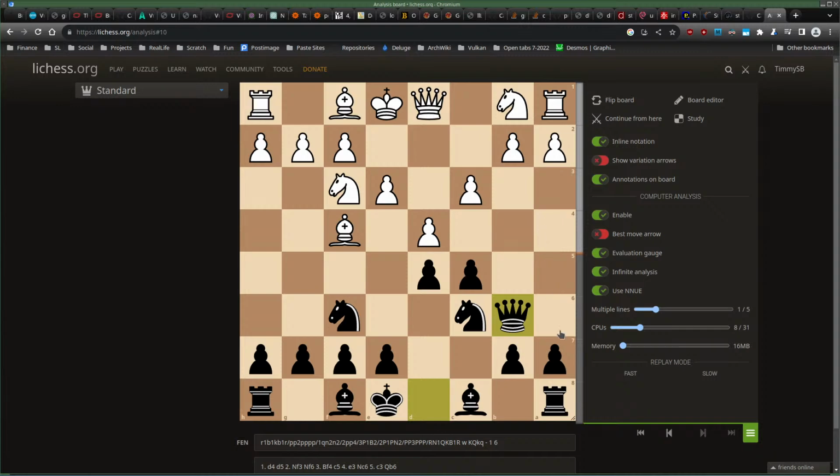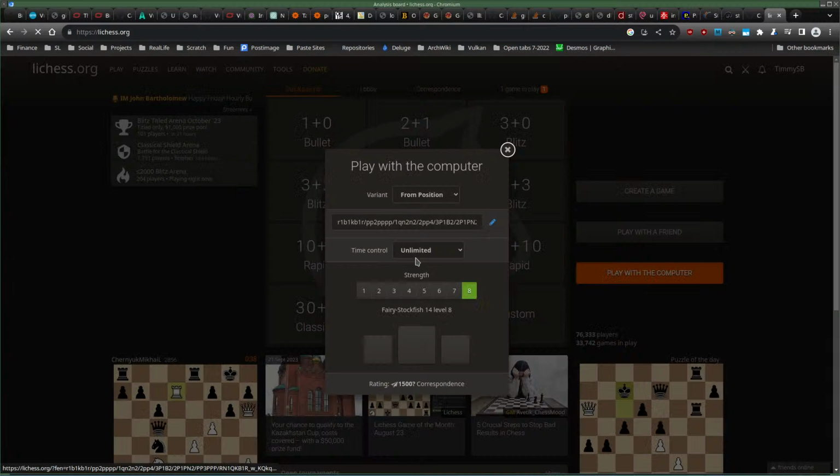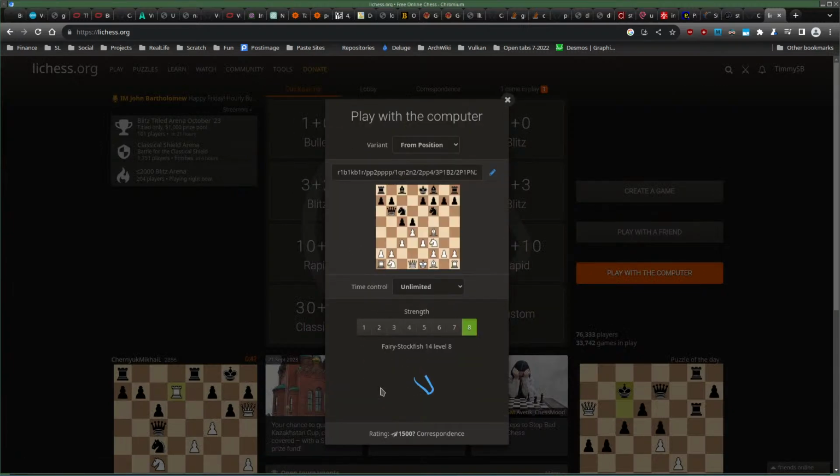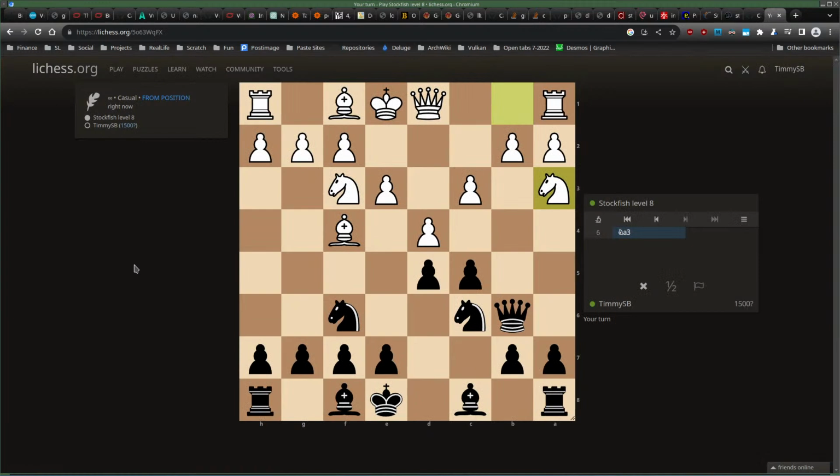I think that was the position. Continue from here. Play with the computer. Play with black. It played a knight there.